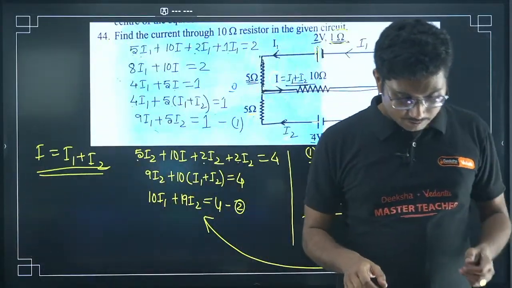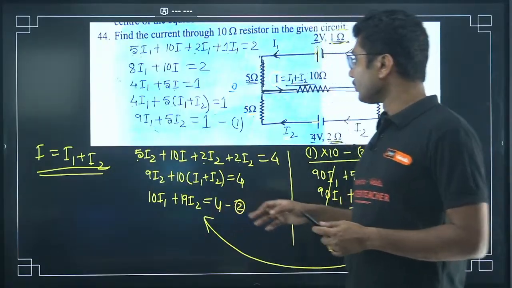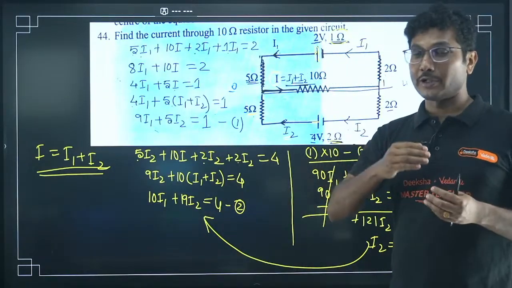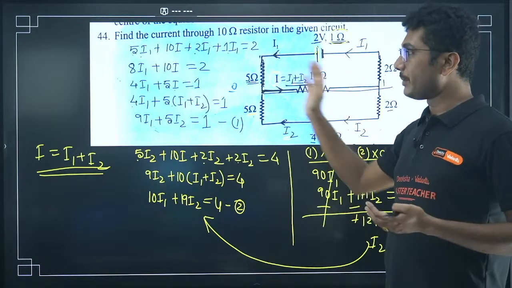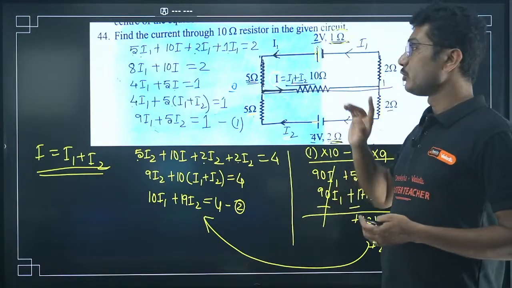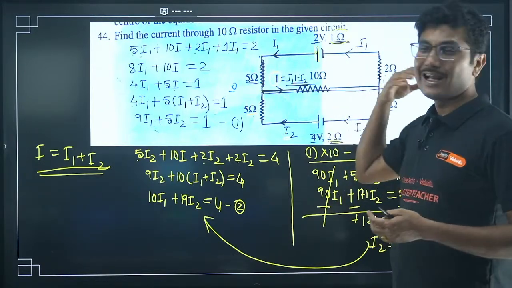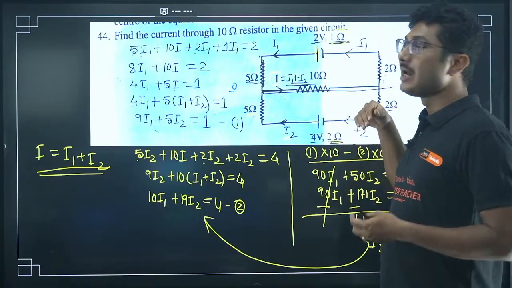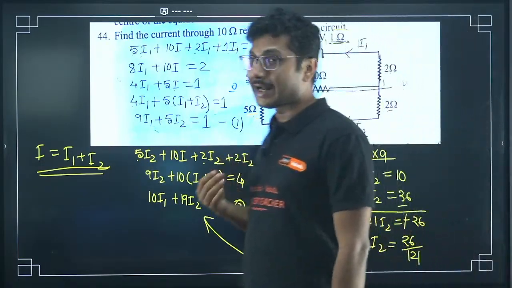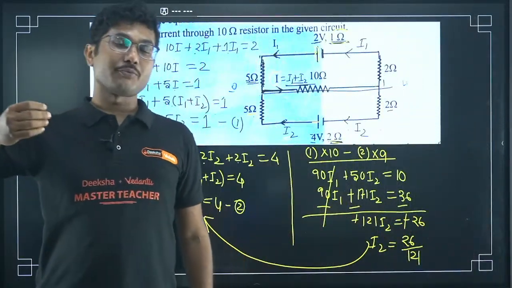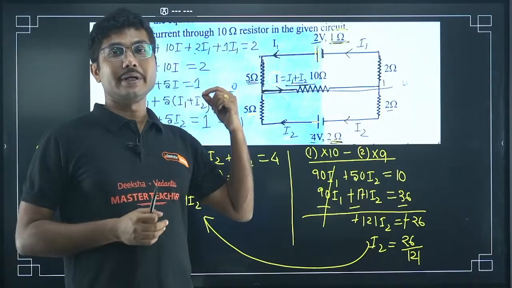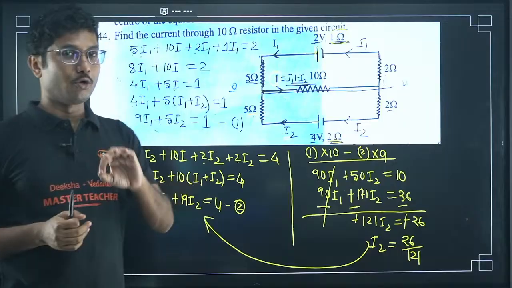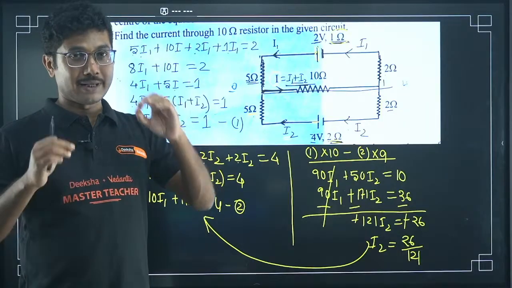But if you follow the basic principles, then whatever method you use, you will always be correct. So first of all, you have to look for the junctions. For board exams, it is very simple. I have seen a very difficult question on an unbalanced Wheatstone bridge in, I think, the 2024 board paper, the first board paper, the main paper.